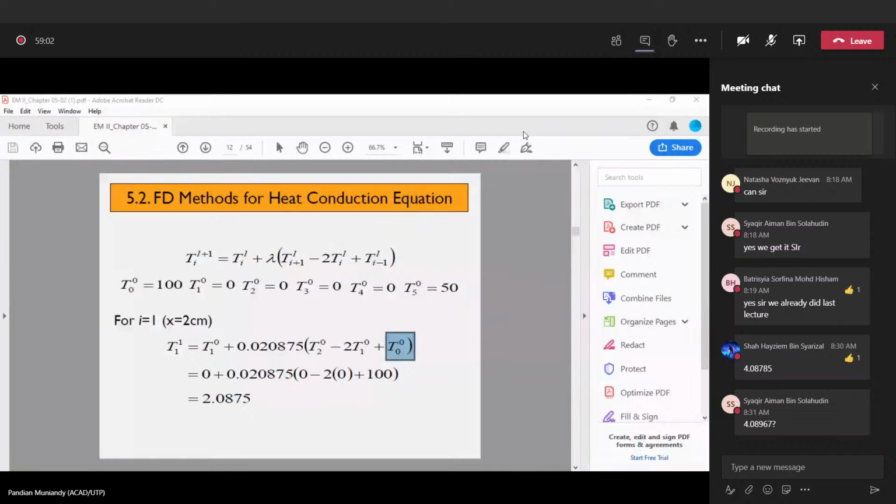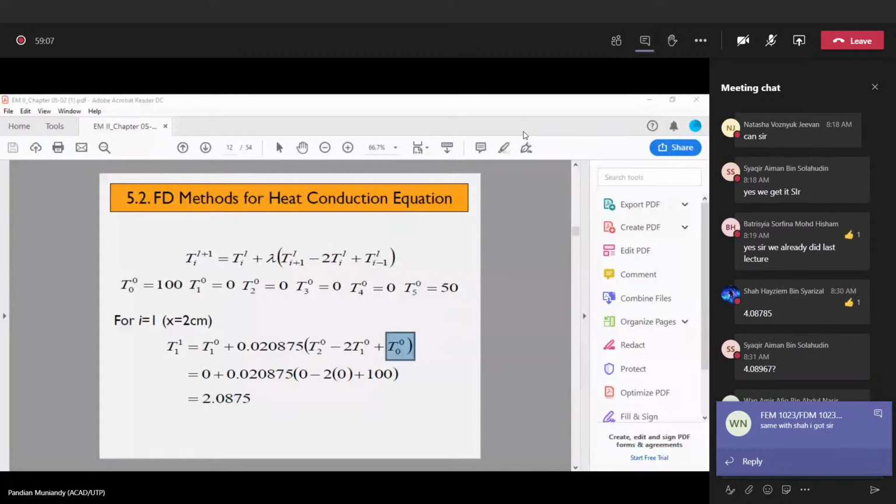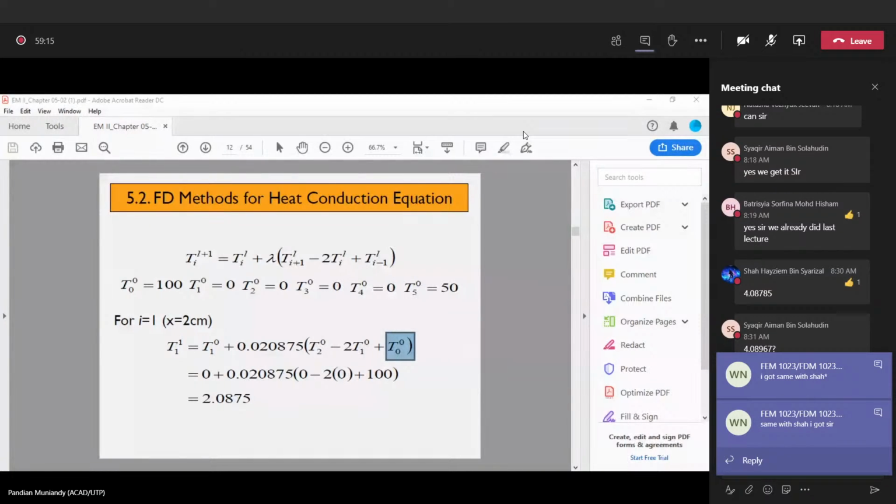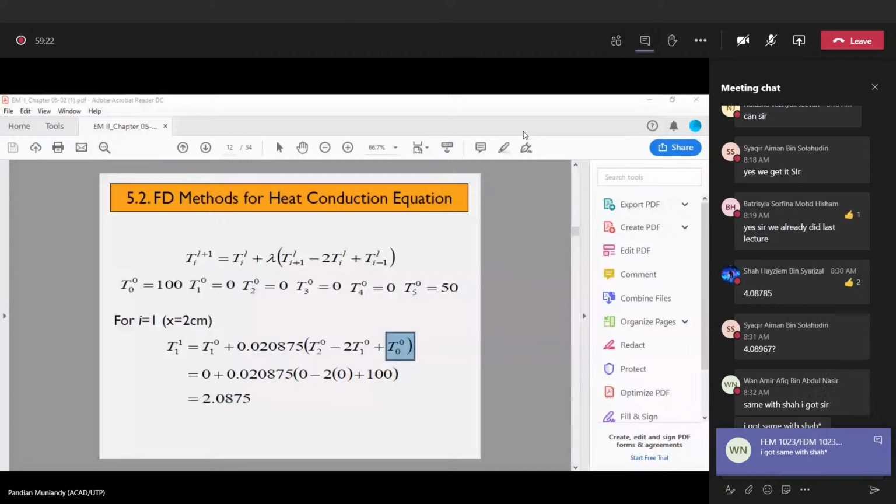It's different from 4.08967. One Amir got the same as Shah. Anyone else? I got the same as Shah. Shakir, Ayman, could you please check again?